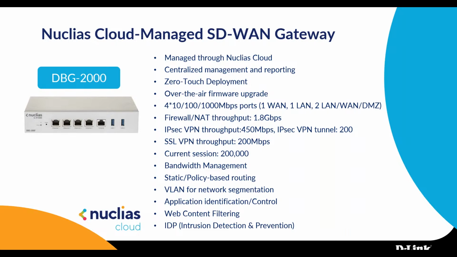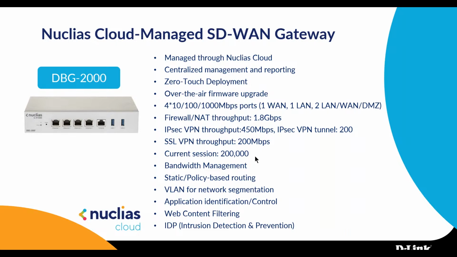It supports up to 1.8 gigabits per second throughput, 200 VPN tunnels, 200,000 concurrent sessions, and supports things like bandwidth management, static and dynamic routing, VLAN, and application control if we want to block certain applications on the network. It supports web content filtering. If there's certain websites we want to block for the network, we can do that too. And it comes with intrusion protection and prevention as well.